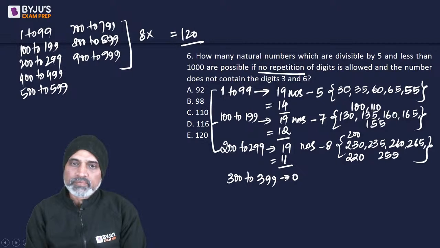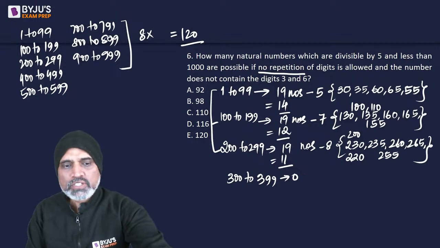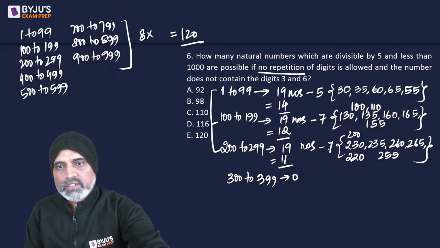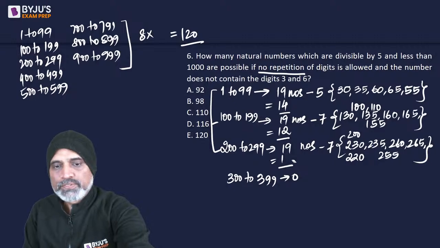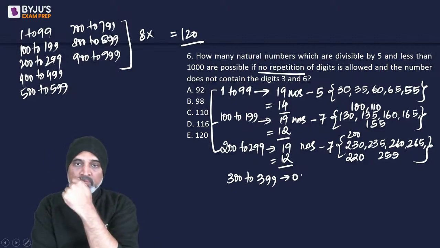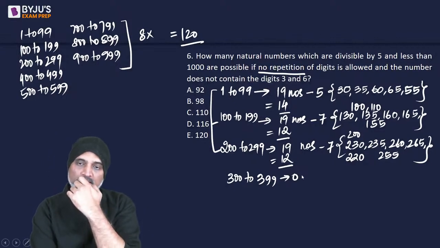No, this is also 7 less only. So this will result in 12. Again, are we missing something?